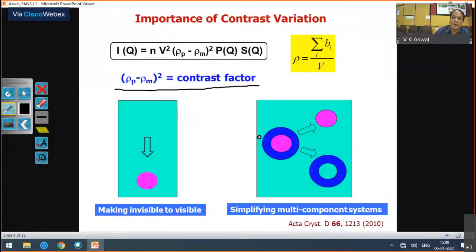And then many times you work on systems which are not simple systems. So a multi-component system or complex system, such as this core shell structure, where you want to get information about both core and the shell. And the advantage with contrast variation is that you can simplify this core shell structure just as core or just as shell.